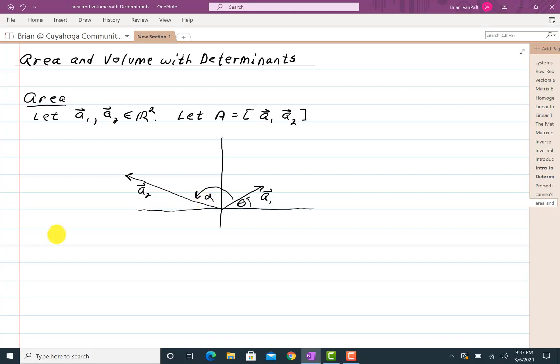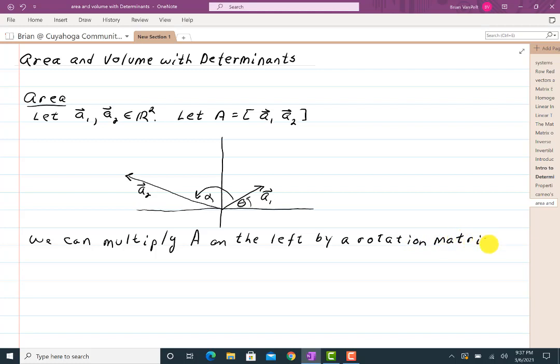Okay, first thing we can do is we can multiply A on the left by a rotation matrix. Let me call it R sub negative theta.